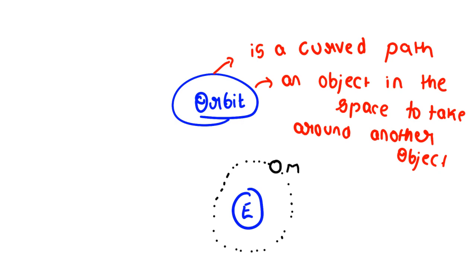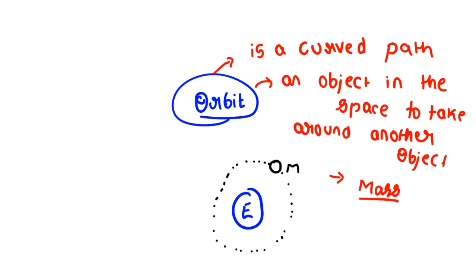Then sir, how is it suspended in the air without falling on the earth? Because to move in that curved path, both objects should have mass. In our example, the moon has mass and the earth has mass. Mass means weight, right?